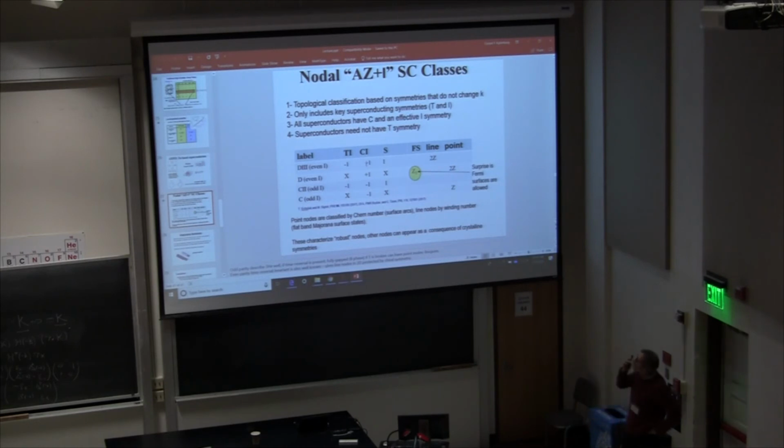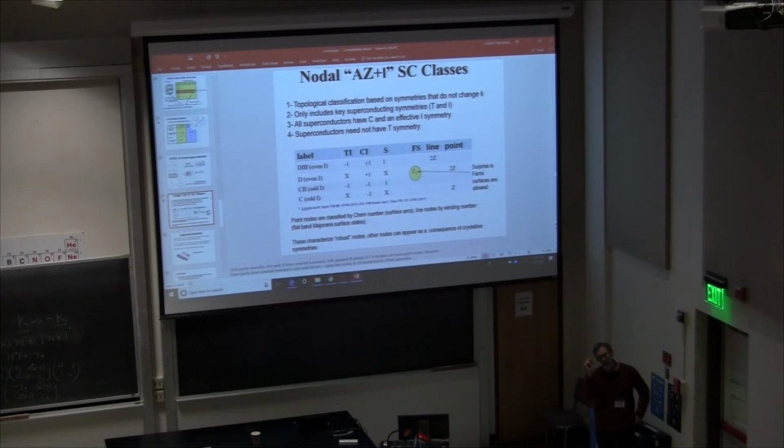All right, so the idea is that if you want to understand nodes, you need to study the properties of Hamiltonians at a particular k point, because nodes sit at particular k points. If you're familiar with real space arguments for topology, you might remember that there's a set of special symmetries that keep a real space point invariant, and those are time reversal, charge conjugation, and then the product of the two.